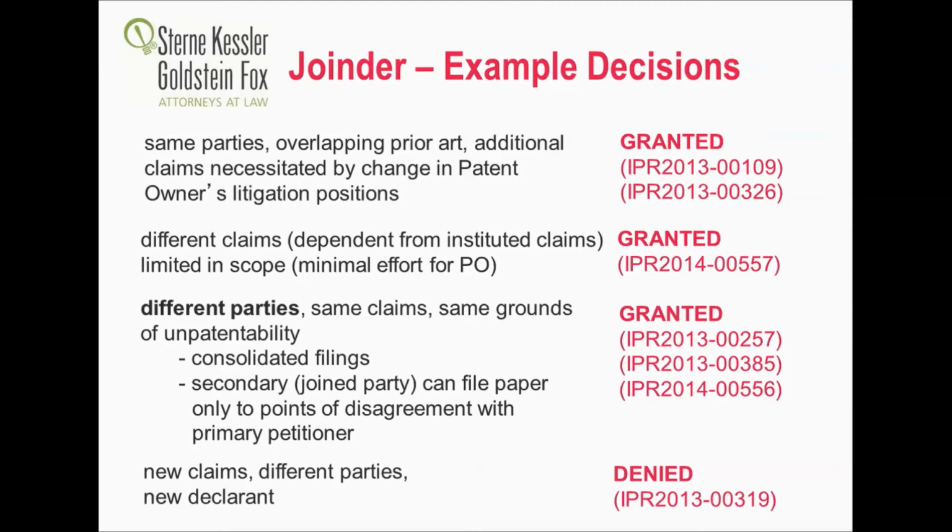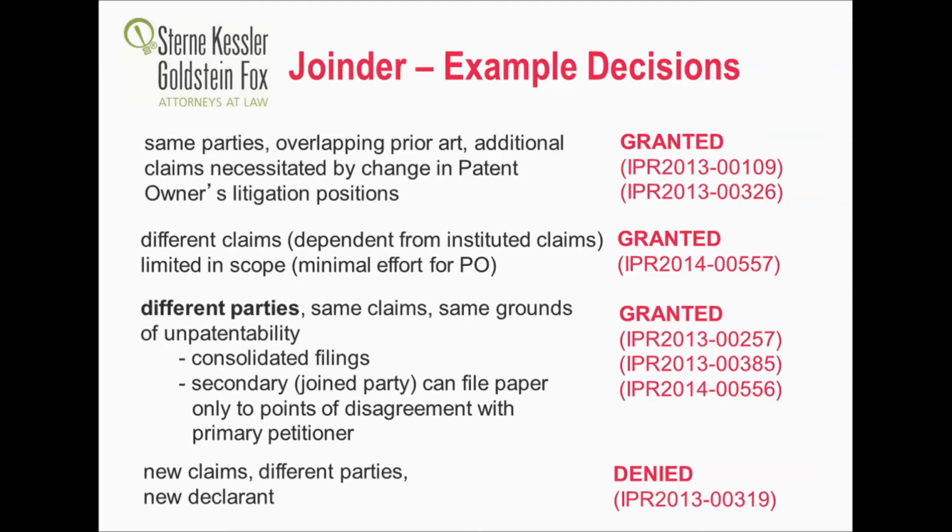You can cancel any challenged claim, or for each challenged claim you can propose a reasonable number of substitute claims. So there does exist a statutory right for a patent owner, at least in theory, to amend claims during an inter partes review, or for that matter, post-grant review, or a review of covered business method patents in these proceedings.